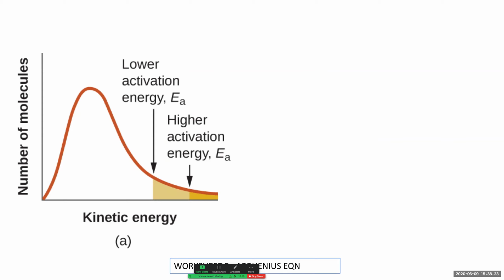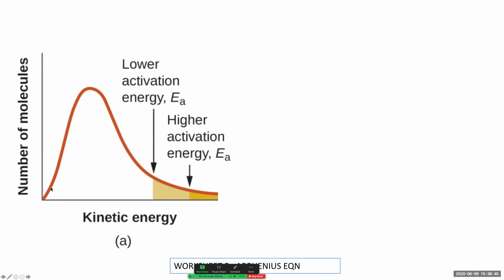So what does this look like? Here's another graph showing the number of molecules on the left side and the kinetic energy that they have. It's kind of a graphical representation of how many molecules have enough energy to overcome that activation energy barrier.